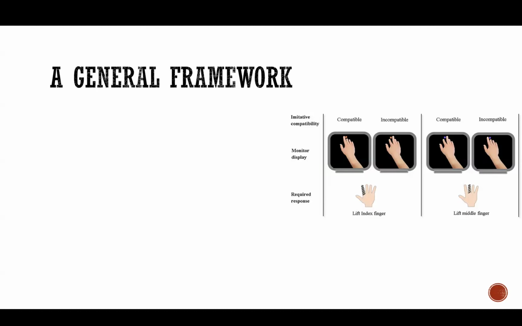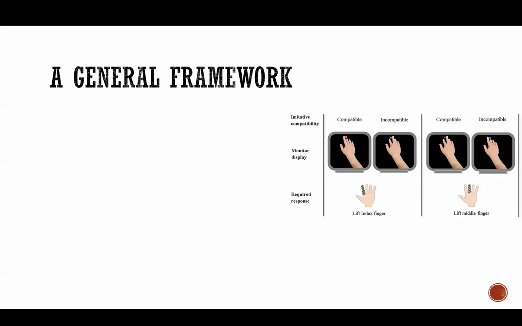You might also see a purple dot. When you see a purple dot, raise your index finger. Now on the screen, it's not going to be only the purple or the red dot, but there's also going to be a hand. And that hand might be doing the action that you also need to do, the congruent situation, or the opposite, incongruent.